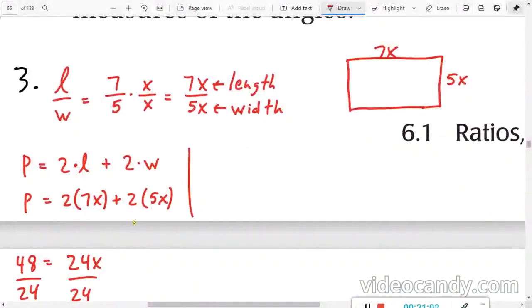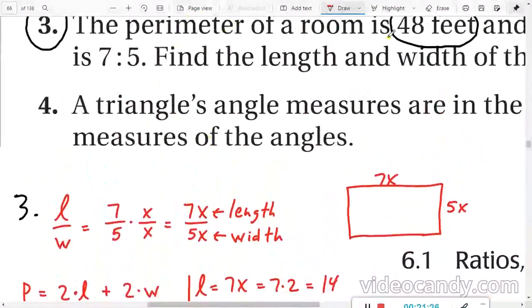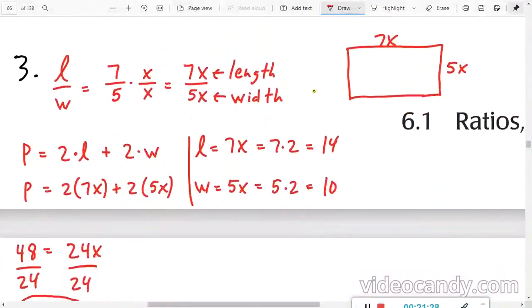So therefore, the length, which we said was 7x, is just 7 times 2. And the width we said was 5x is just 5 times 2. And the perimeter was given in feet, so both of these are going to be in feet.